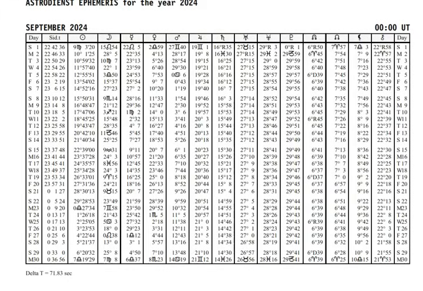So I hope this has been interesting. I hope this has shown you the differences between how the nodes of fate are calculated. And again, both are accurate. So looking at September 2024, if you have any planets or points at 6 degrees of Aries, then the true north node is going to be working with that energy for a few months.